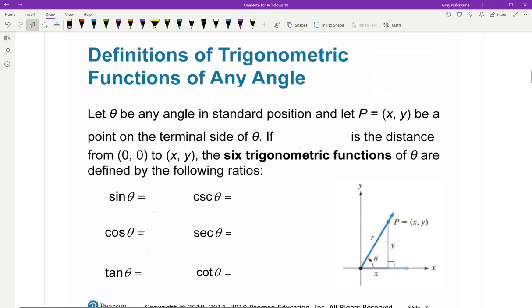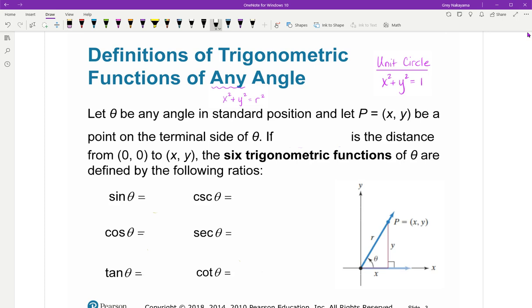As I said before, we were working on the unit circle, and the equation of our circle was x squared plus y squared equals 1. Now we're talking about any angle, so instead of the unit circle with a radius of 1, we're going to have a circle centered at the origin, but the radius can be anything.